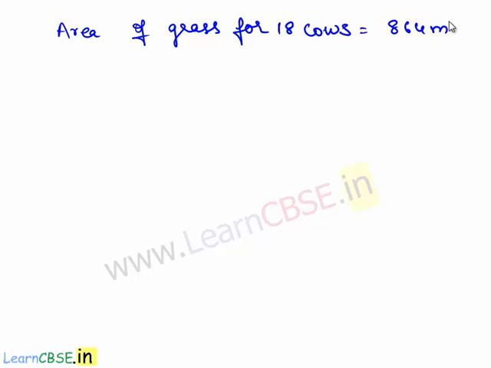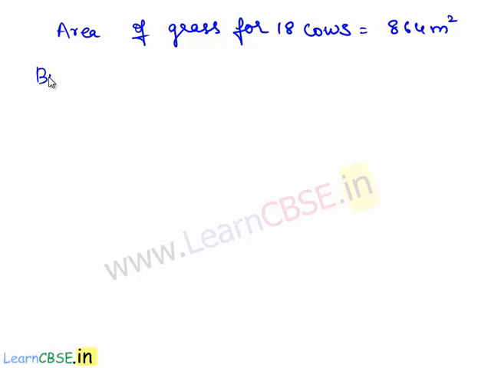According to the question, the grass in the rhombus shaped field is sufficient for 18 cows to graze. Therefore, area of grass for 18 cows is equal to 864 meter square.